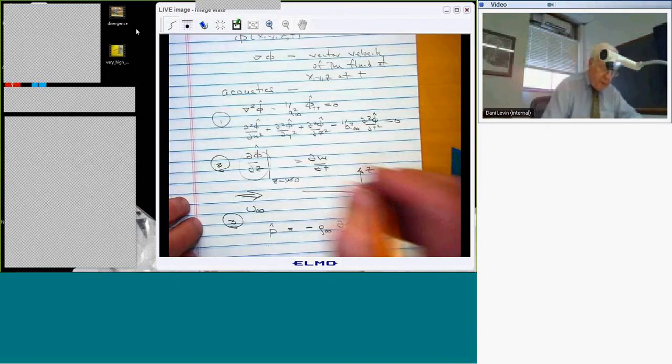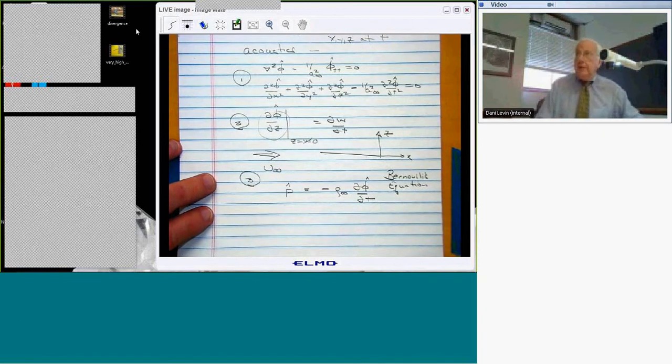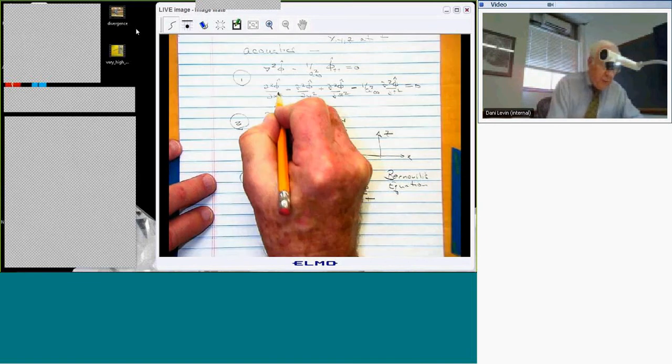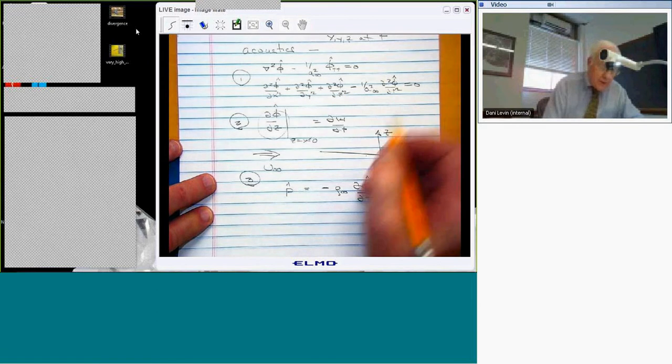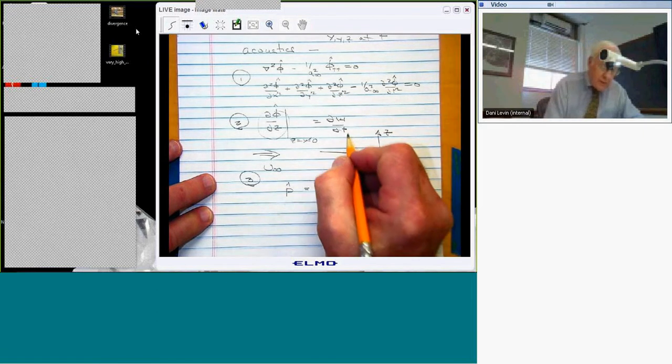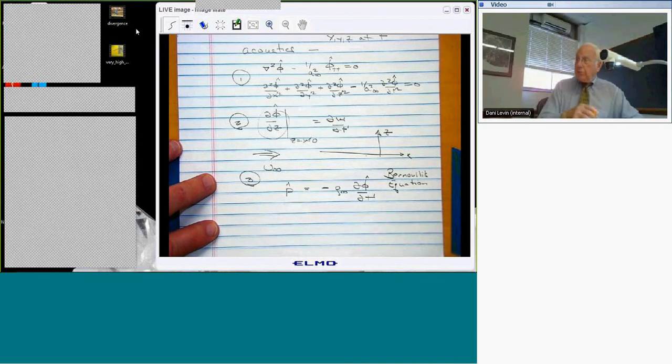First of all, because I really want to be in the vehicle fixed coordinate system rather than the fluid fixed coordinate system, I'm going to put a prime on all of these: all x, y, z, and t. Why?